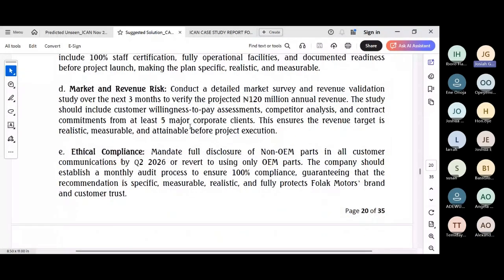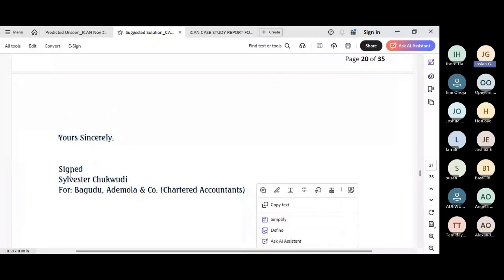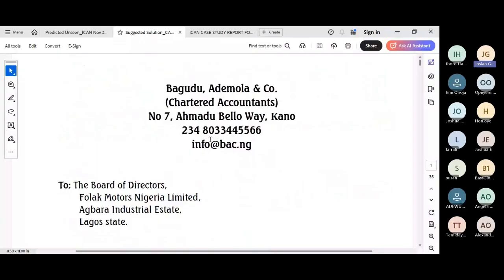So practice with this, and don't forget to sign out who you are in the case. Always sign out the report. This is very important. After concluding requirement 1 and 2, please sign out the report as who you are in the case. All right, so let's go and write our executive summary as we are done with requirement 2.